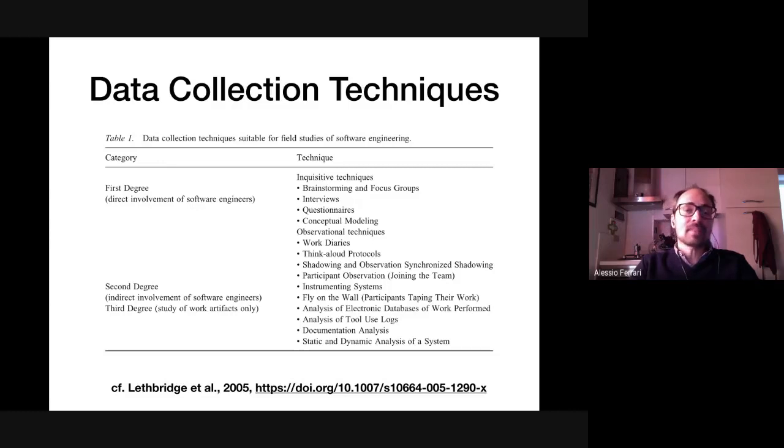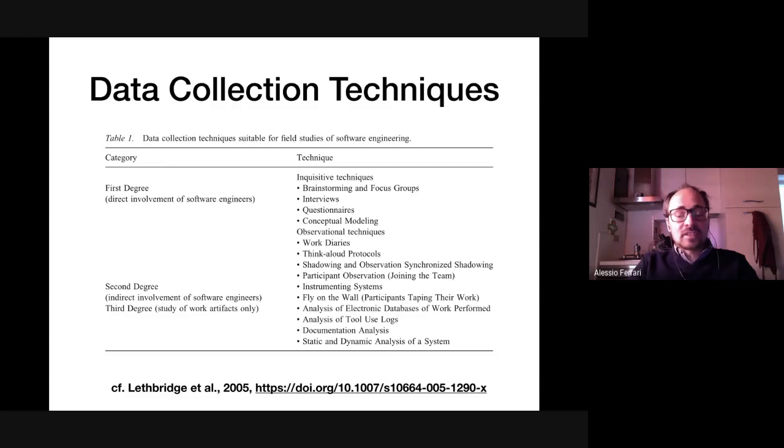The data collection techniques are normally distinguished into 3 degrees. The first degree techniques are the ones that require a direct involvement of software engineers. So software engineers have to make some sort of effort, or they have to interact directly or indirectly with you, for example, through surveys and questionnaires, to gather the data.